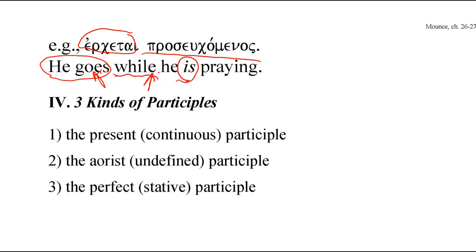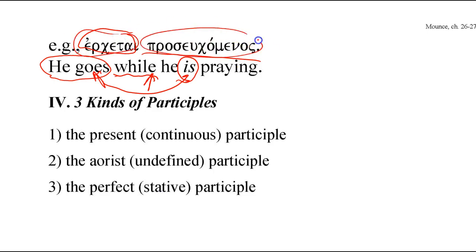The participle action is happening simultaneously as the main verb. So he goes. And you don't want to translate this as while he will be going, or while he was praying, or while he will be praying. You want it the same time as the main verb. So he goes while he is praying.